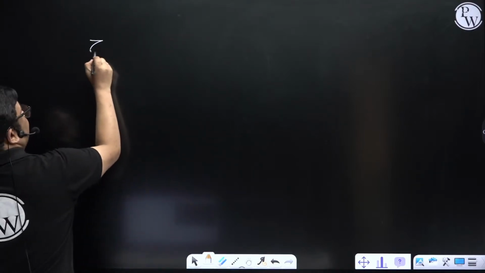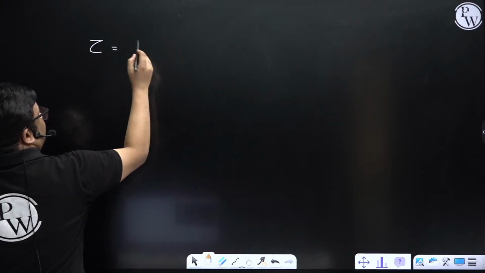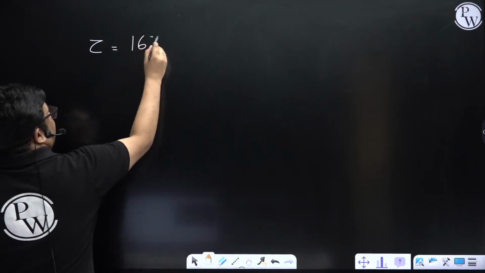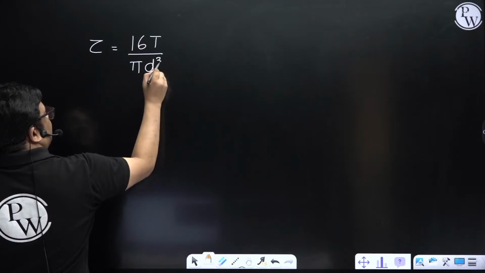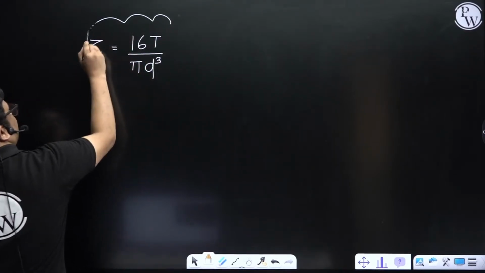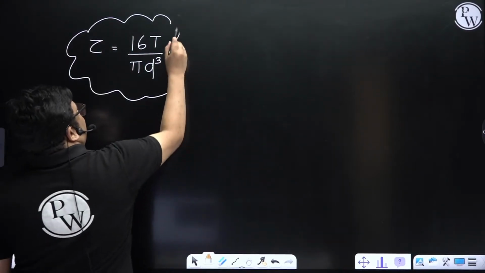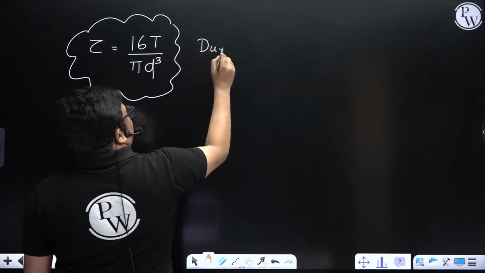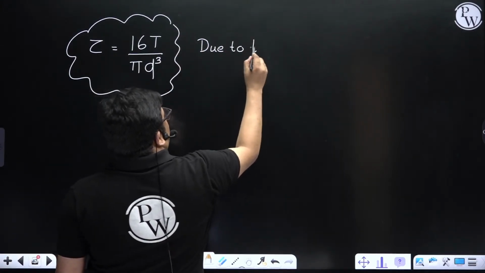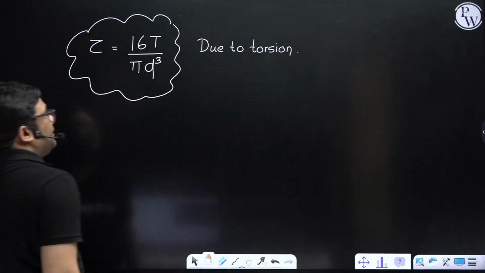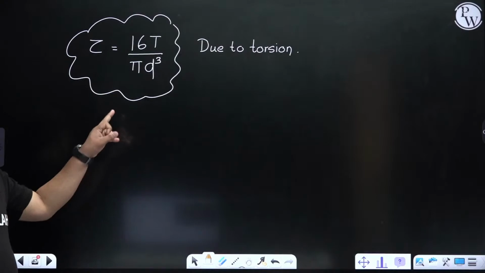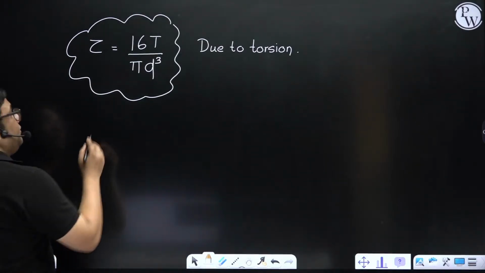The maximum shear stress was 16T by pi d cube, remember? Yes, this was the maximum shear stress due to torsion. We have already studied this. With torsion we get the shear stress.